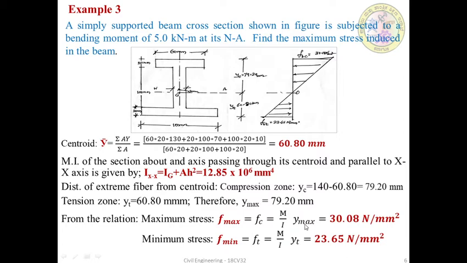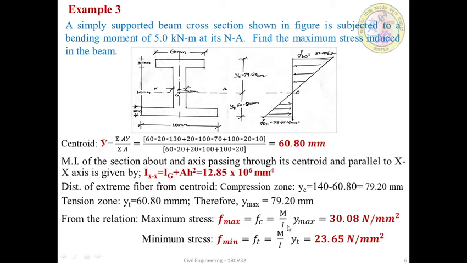In the Euler bending equation, M by I is equal to f by y. M is already given. We know the distance of the farthest layer, that is the Y value, and also the moment of inertia of the I section, and now we have to find the maximum stress. Y maximum gives 30.08 Newton per millimeter square.